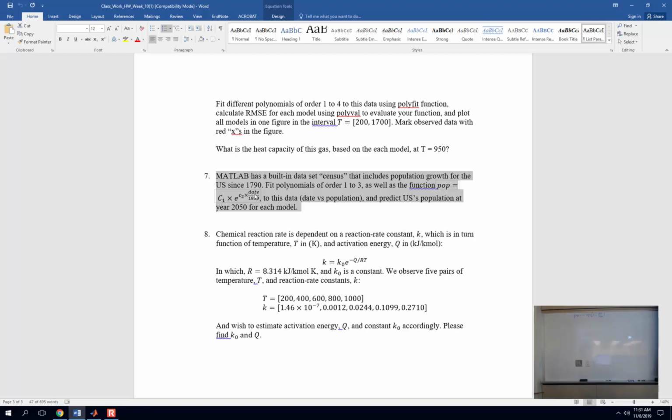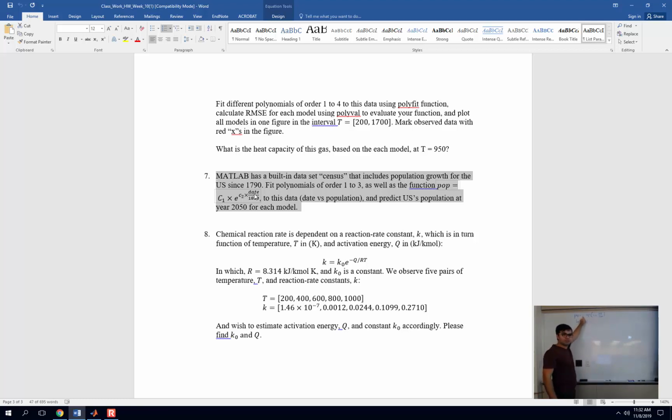In the 15 minutes left, let's do it together. Let's take a log of both sides. Log of population is equal to log of C1 times exponential of C2 date over 1800.